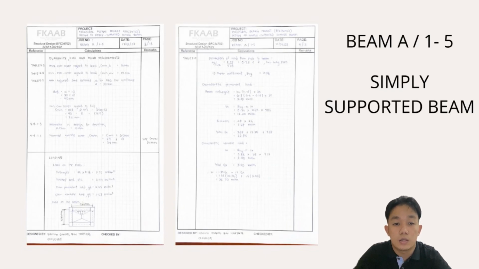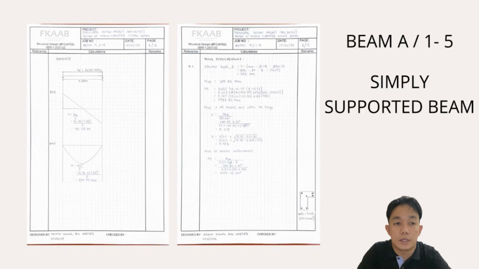As you can see, these are all the calculations that I made. Next is the analysis. For the V, I get 132.68 kilonewton for the SFD. Meanwhile, for the BMD, I get 239.80 kilonewton meter. Next is the main reinforcement.